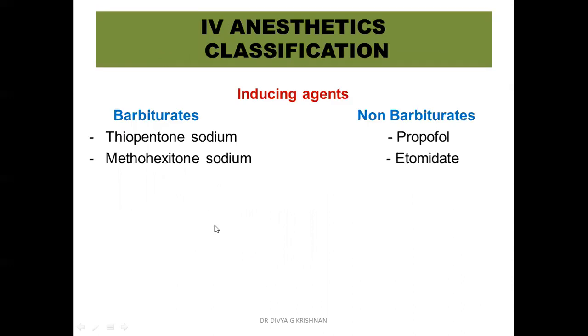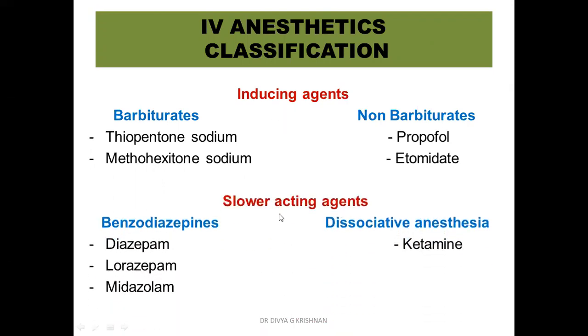So first we look into the classification of intravenous anesthetics. They are classified into inducing agents and slower acting agents. Under the inducing agents, you have barbiturates. Examples are thiopentone sodium, methohexitone sodium, and there are non-barbiturates.